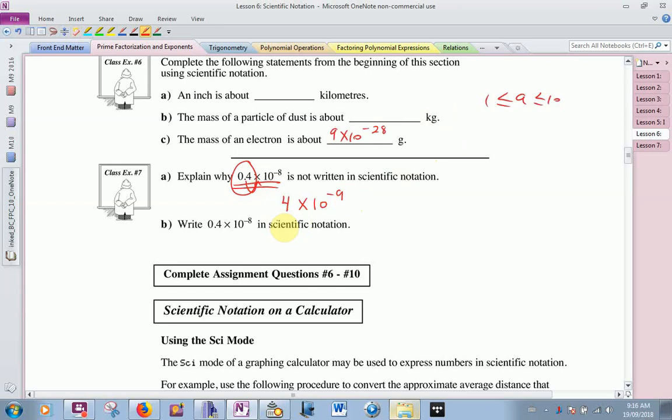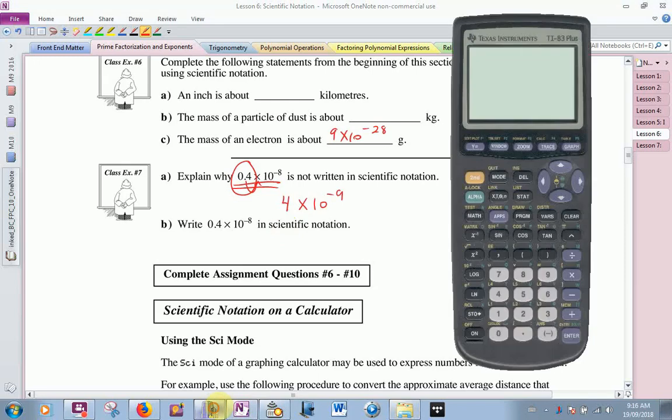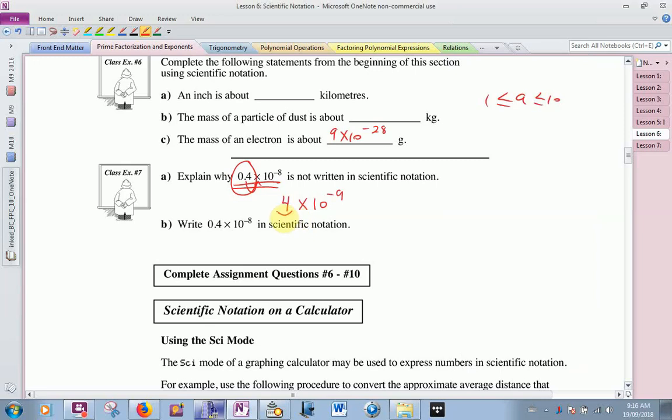Okay? Kind of tricky? You remember you got a calculator? 0.4 times 10 to the power of negative 8 is 4 times 10 to the power of negative 9. Okay? To go from here to there, I have to move that once in the negative direction. So a little tricky, right?